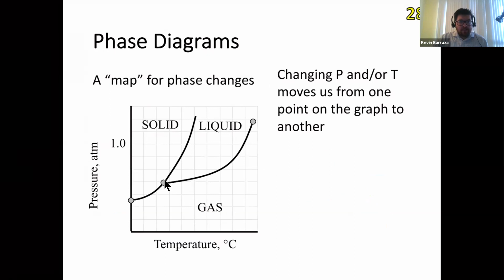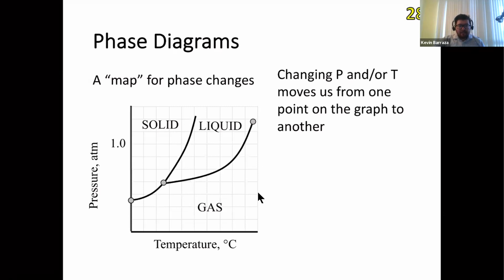The only difference will be maybe the angle that these lines are intersecting at. But it's always going to be a Y shape that looks like this. The solid is up at the top, the liquid is near the middle, and gas is at the end near the bottom. Now, hopefully, the labels make sense to us intuitively.